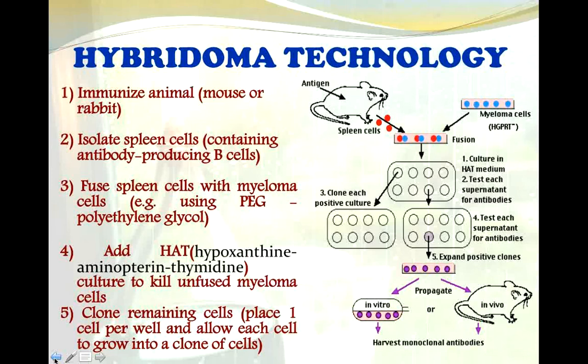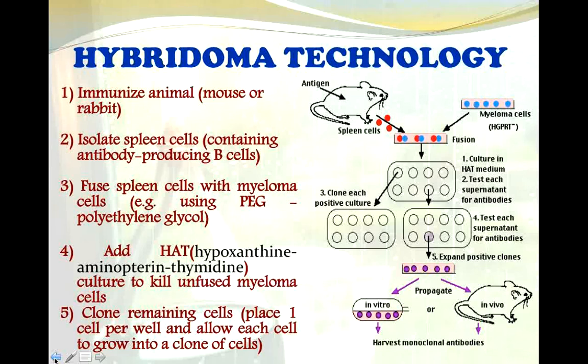Among the fused cells, three different combinations are formed. First is unwanted fusion of B cells with B cells, second is unwanted fusion of myeloma cells with myeloma cells, and the third is the desired fusion of B cell with myeloma cell.